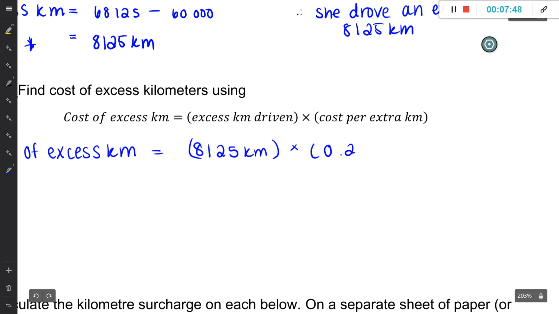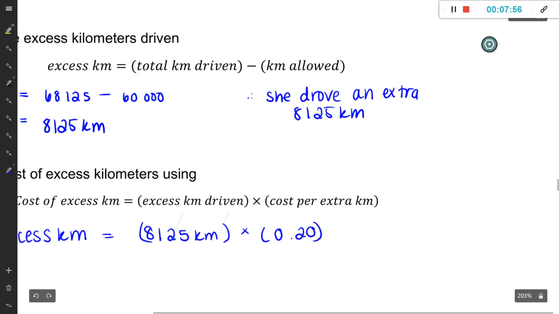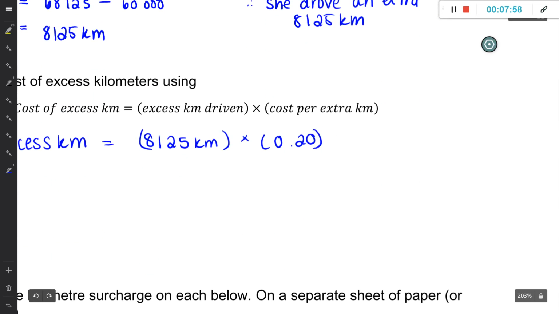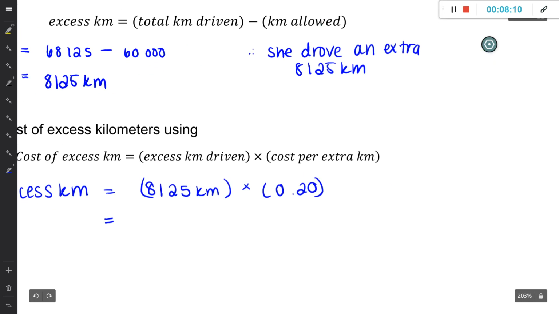If that was in cents, make sure you convert it to dollars. So it always needs to be in decimal form. Okay, and I'm just going to put that in. So just do the math. So I got 1625.00.